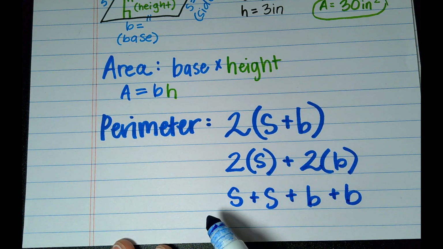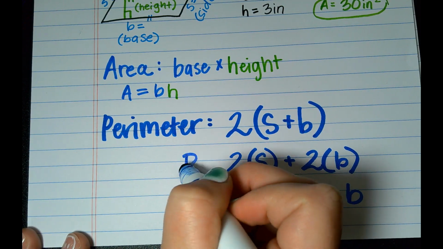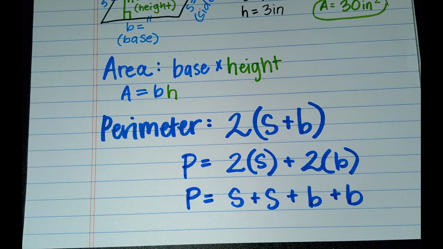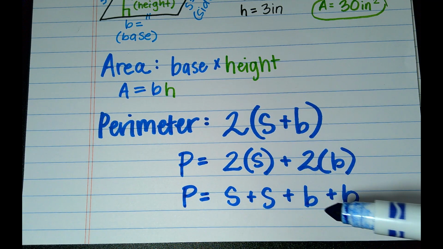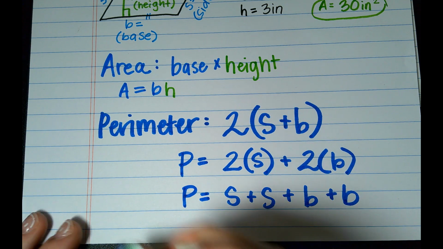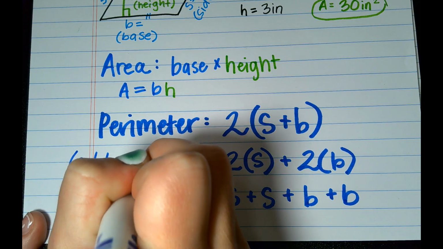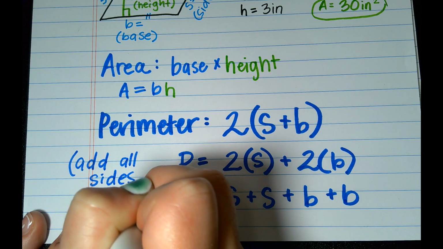This is the simplest way to do it. This works just as well. So all of these are perimeter formulas and they will all work. This is just like the factored form almost, back to algebra 2. So basically just add all the sides together.